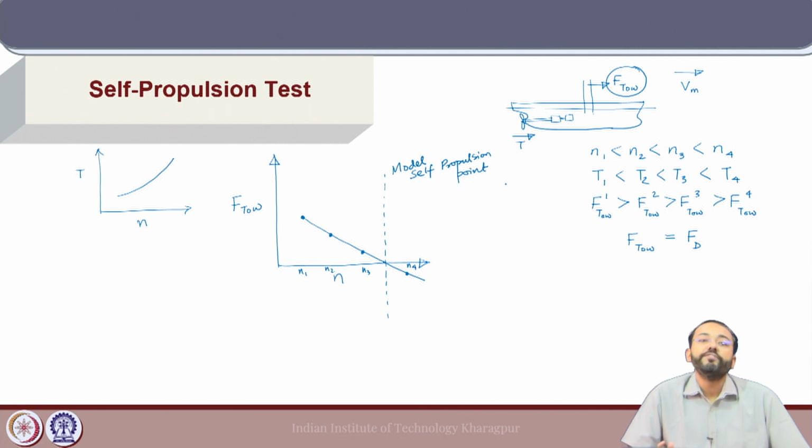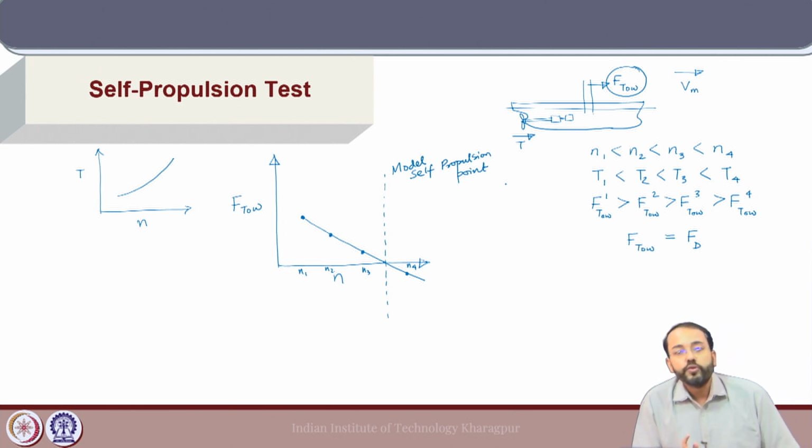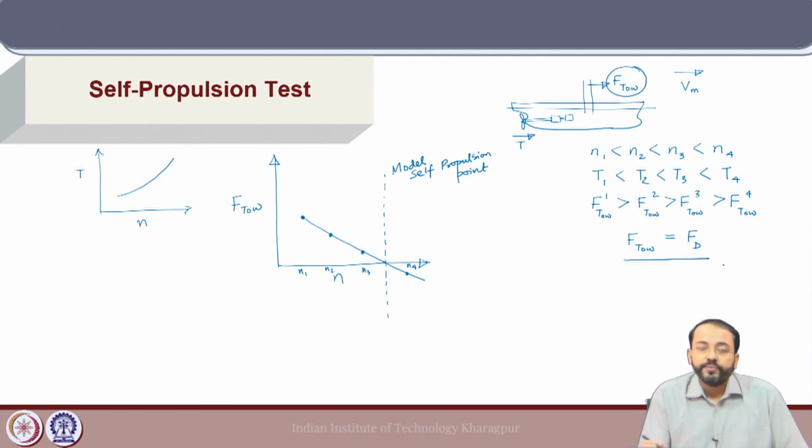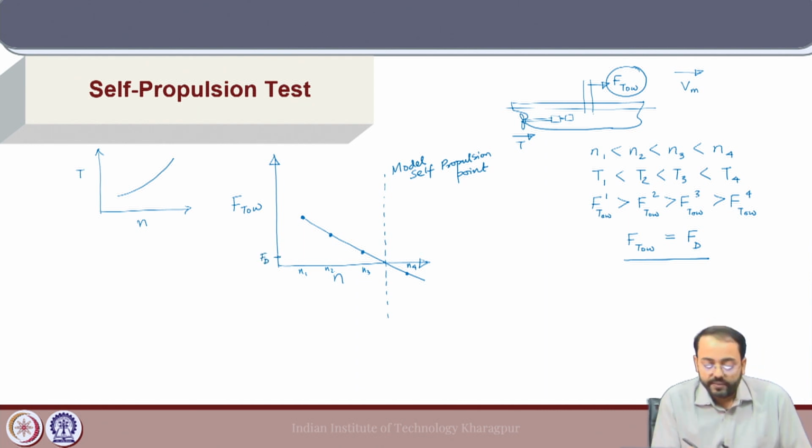That is why we have calculated the skin friction correction force Fd. So, we have to take the point where the value of tow force is equal to Fd, this point. So, let us say Fd has a value here.